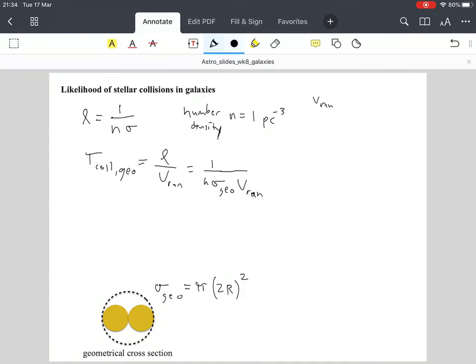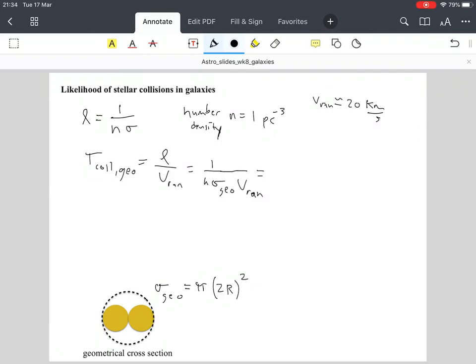And so that random velocity component is smaller. It's about 20 kilometers per second. And you remember that the orbital velocity we just said was something more like 240 kilometers per second. So it's about a factor of 10 smaller velocity that you get at a more random direction, which would then make it likely that these stars could collide.